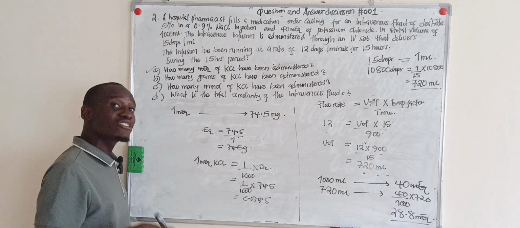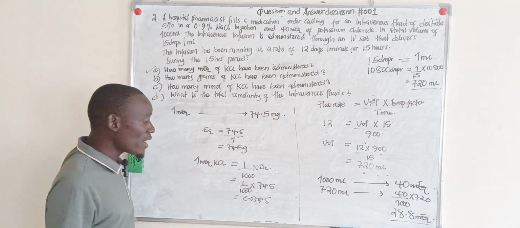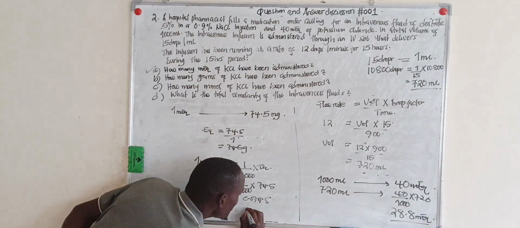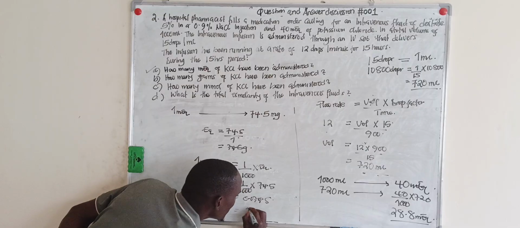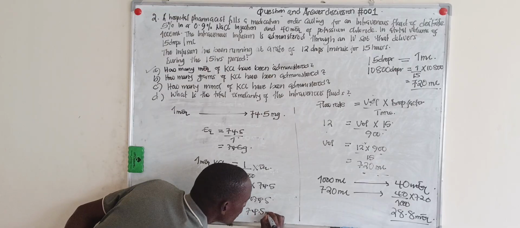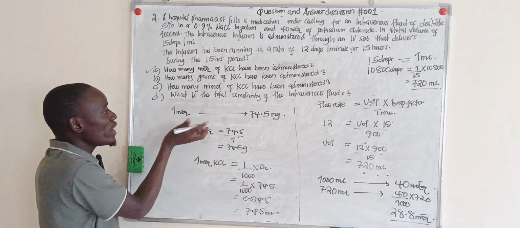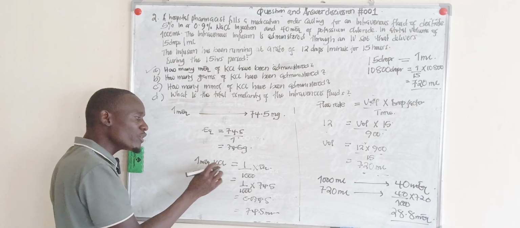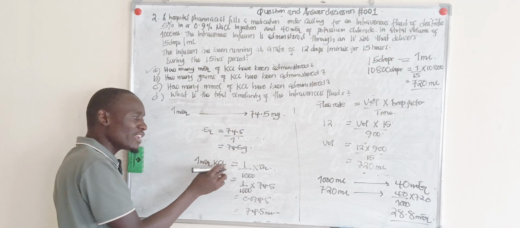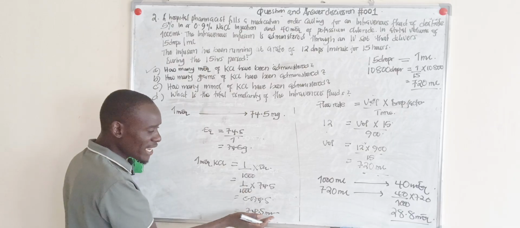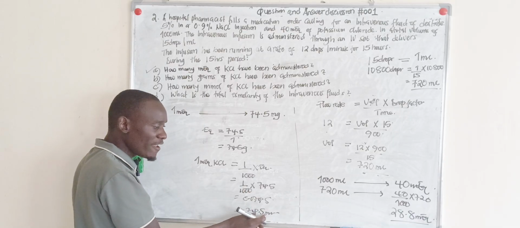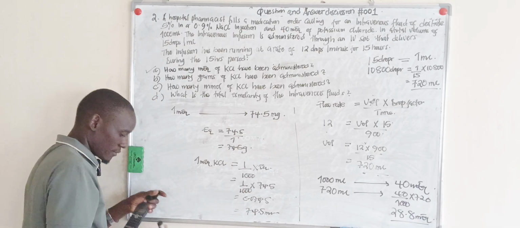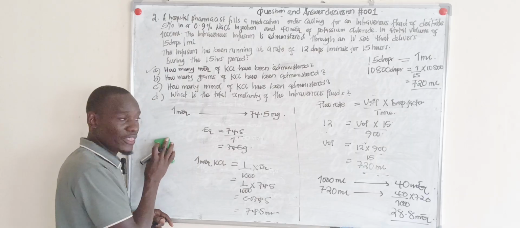But remember, it should be in milligrams from our definition. So when we multiply this by 1,000, we shall get 74.5 milligrams. So this is where I'm deriving this relationship: 1 milliequivalent each of potassium and chloride ions is contained in 74.5 milligrams. I hope we are moving together.